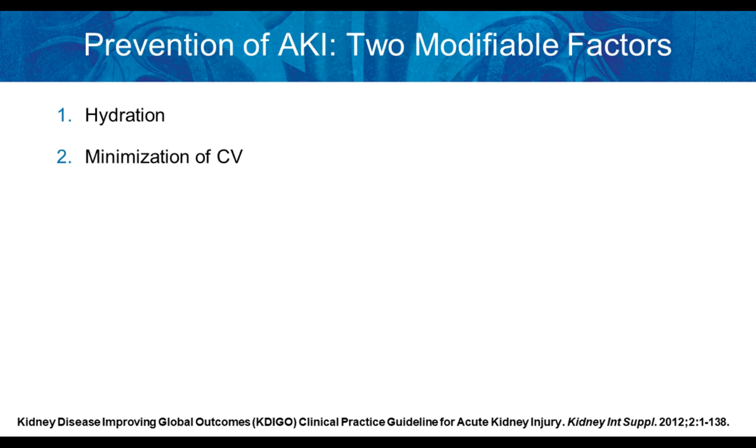You can modify the level of hydration, and you can modify the amount of contrast. If you make sure your patient is well hydrated, you will automatically reduce the likelihood of acute kidney injury. Second, if you minimize the amount of contrast, you will reduce the likelihood of acute kidney injury. So let's go over these two factors over the next few minutes.